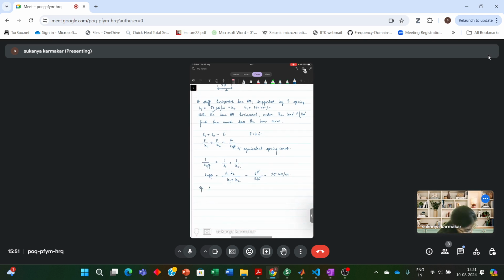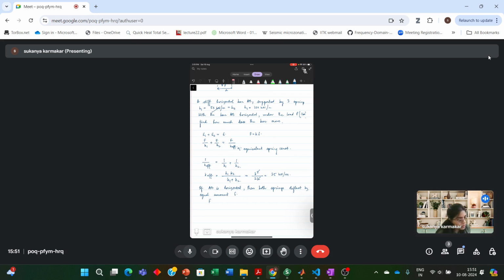If AB is horizontal, then both springs deflect by an equal amount delta.